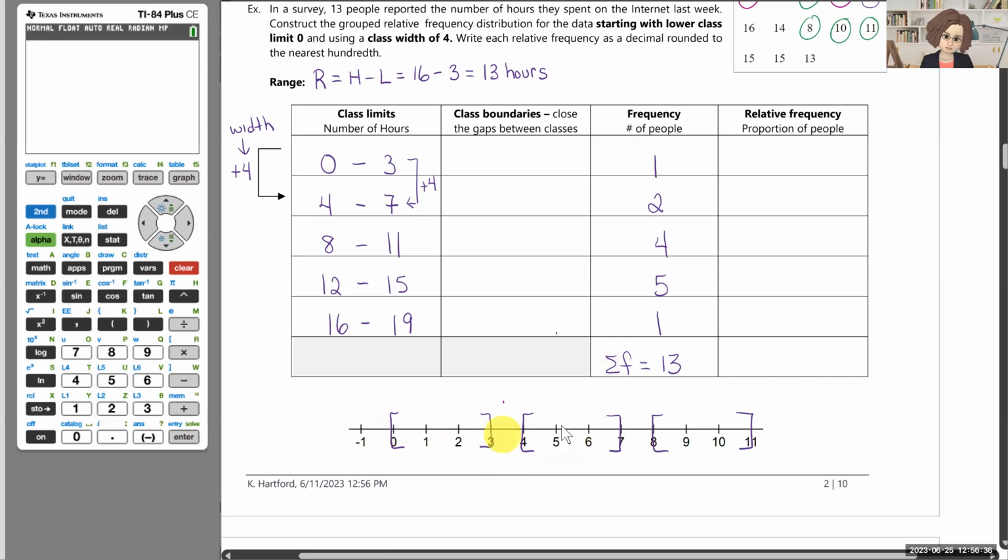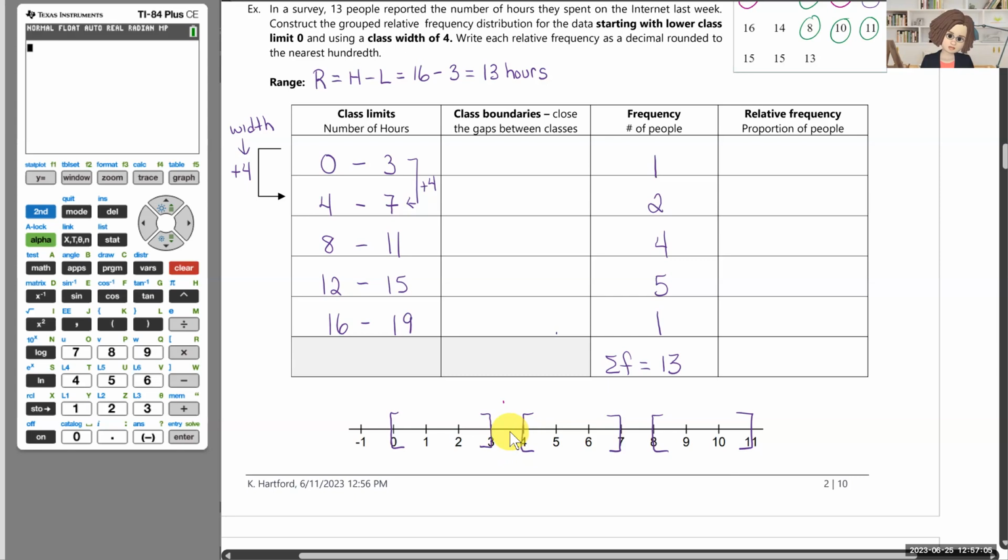So the groups here, the classes, there is a gap between them when we talk about the limits. So there's a space between the 3 and the 4 on the number line. Boundaries close that gap between the groups. So let me show it to you with this group. So what we do to create boundaries is we take the lower class limit of 4 and we go down halfway to 3.